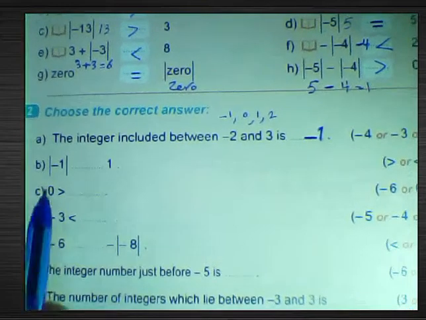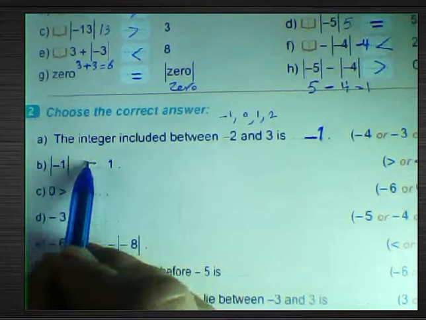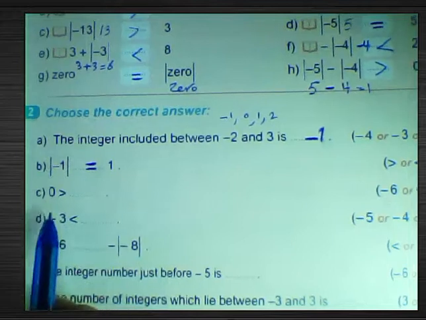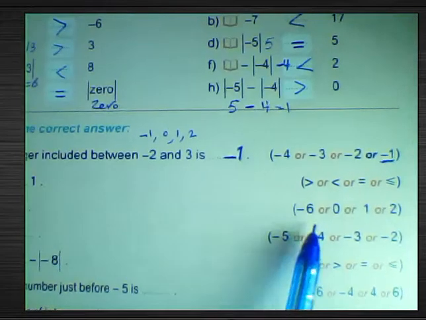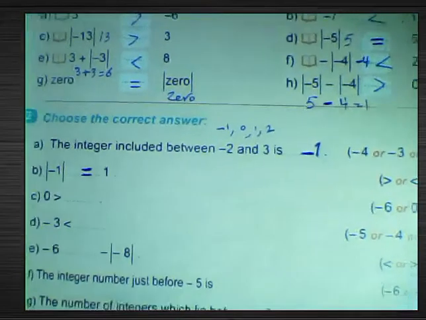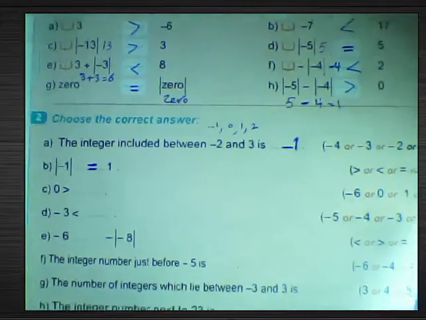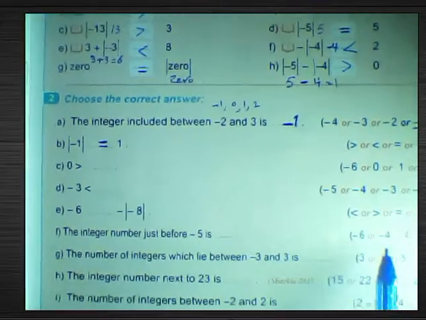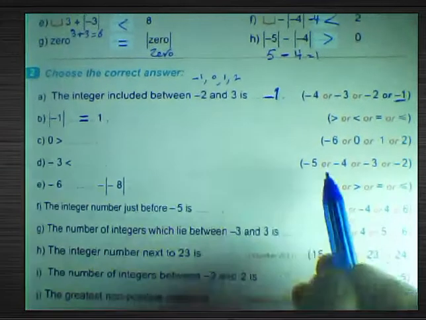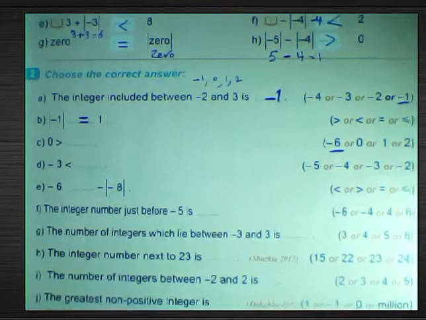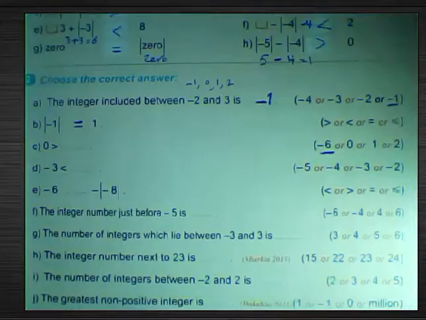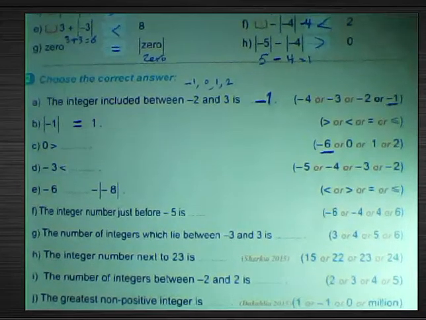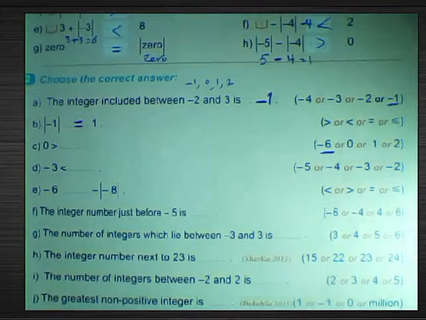The absolute value of negative 1 equals 1. 0 is more than negative 6.